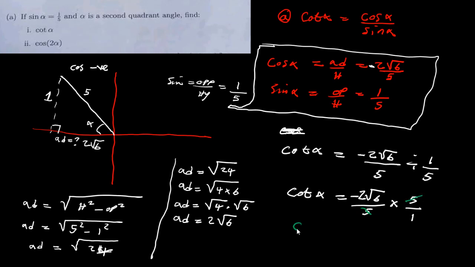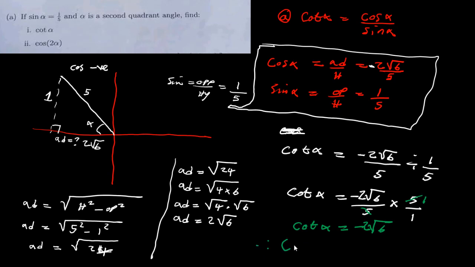So when we cancel out, we'll say cot alpha is simply equal to negative square root 2 times negative 2 square root 6, because when you multiply this by 1, which is here, it's just going to give you negative 2 square root 6.